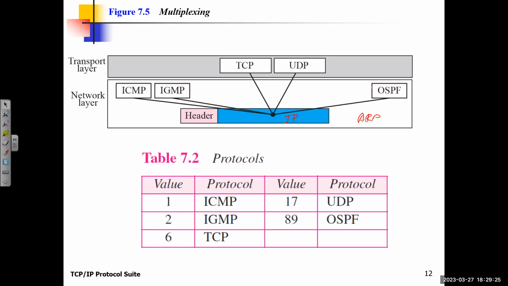And all these protocols. That's why you have to tell where this data is coming from. So for example, if it's 1, that means it's coming from ICMP. If it's 2, it's coming from IGMP. 6 is coming from TCP. Okay, 17 is UDP, and 89 is from OSPF.